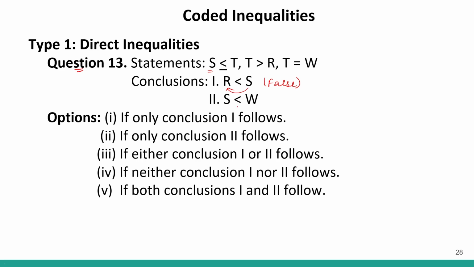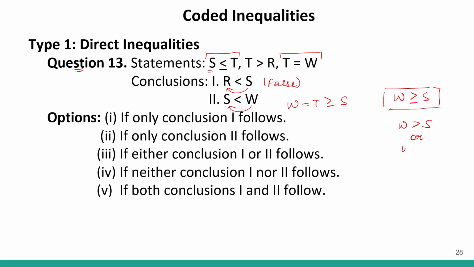The second one says that W is greater than S. So we will move from W to S. Now I can see a relationship between W and T and S. So W equals to T and T is greater than equal to S is given to us. So basically the relationship between W and S is W is greater than equal to S. Now in option number 2, we have a relationship that S is less than W. This is given to us.